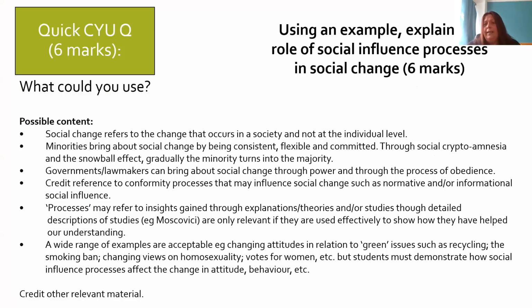So here, using an example, explain the role of social influence processes in social change, 6 marks. Here you can see that I've given a little answer of the possible context that you could talk through, so the different things in there. So you don't have to always limit yourself to minority influence.